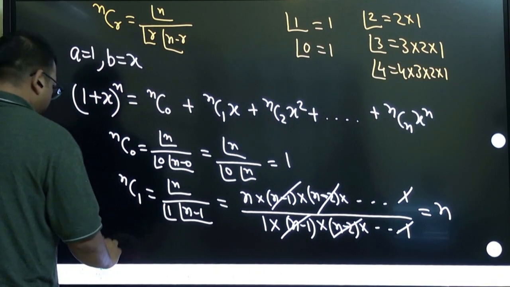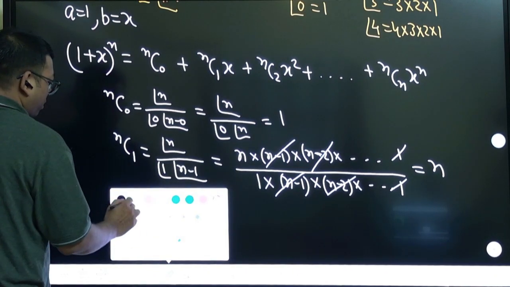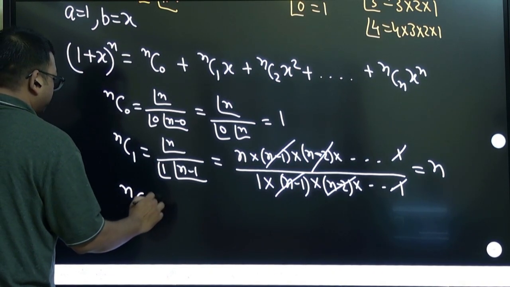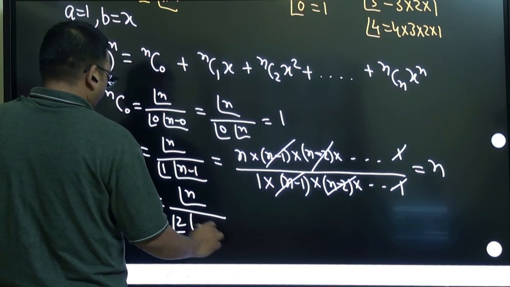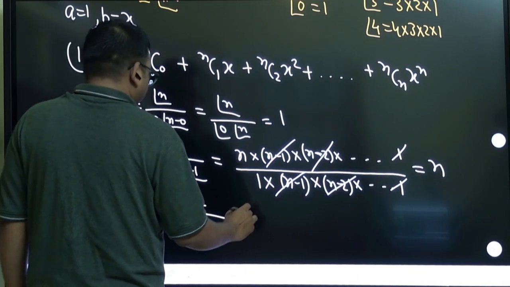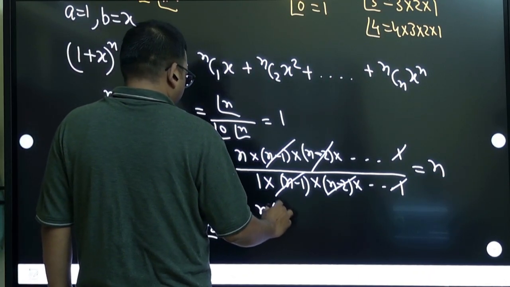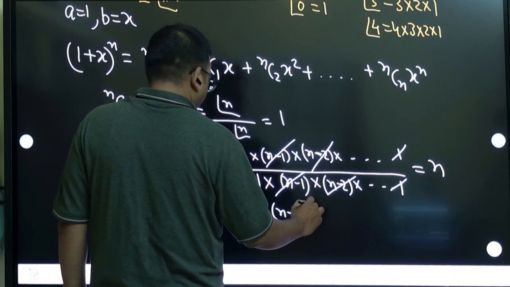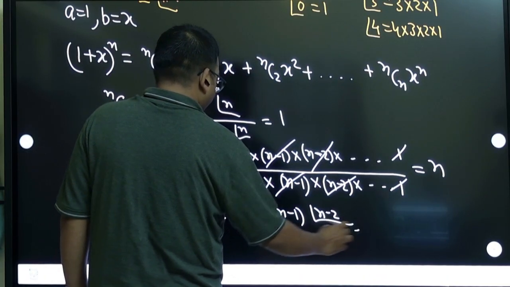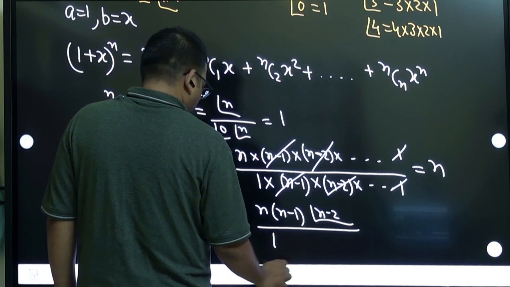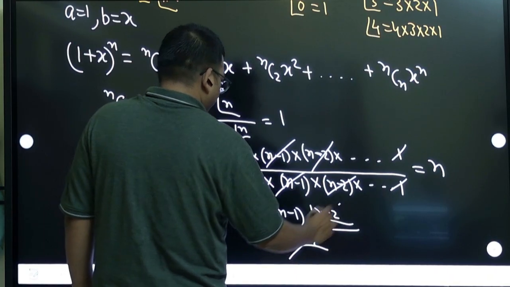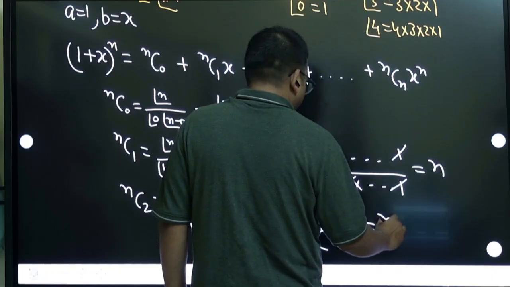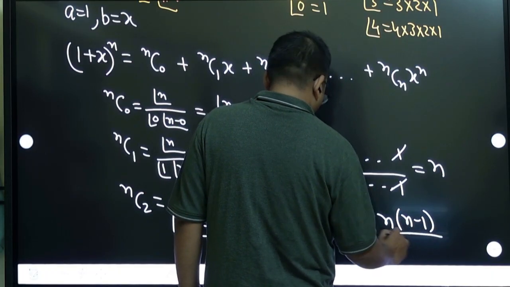Similarly, what is nc2? Let us also expand nc2. nc2 is factorial of n by factorial of 2 by factorial n minus 2. This can be written as n into n minus 1, and we can also write this as n minus 2 factorial. Factorial 2 means 2 only will come, and this is n minus 2 factorial. This will get cancelled. You will get this as n into n minus 1 by 2.